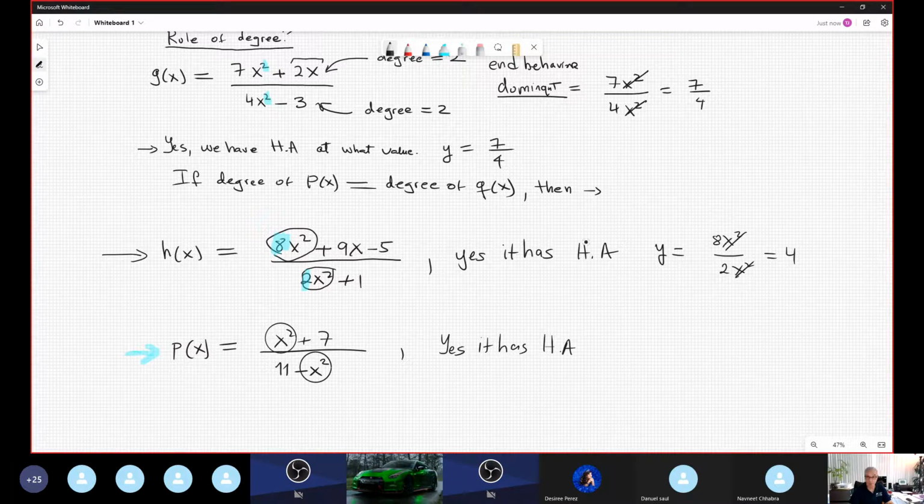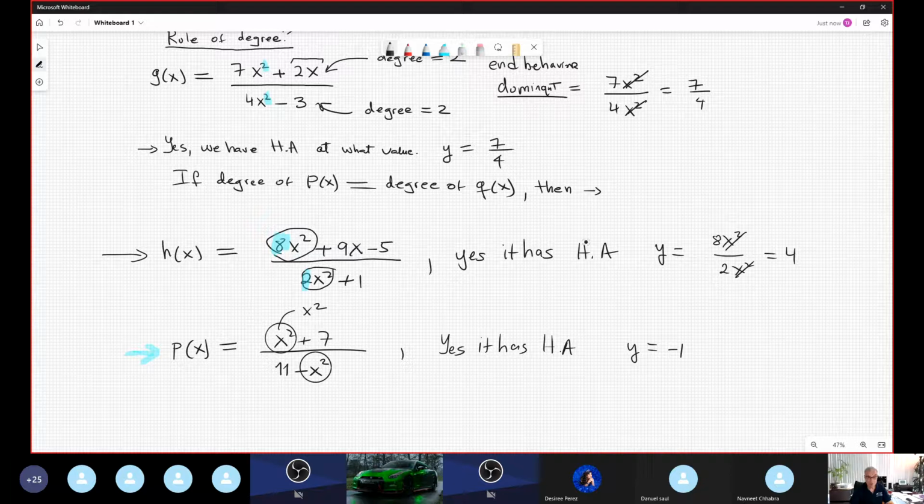Y equals something. Y equals what? He said y equals 1. I don't agree with y equals 1. It is negative 1, because the dominant in the top is x squared, but the dominant is negative. Okay?